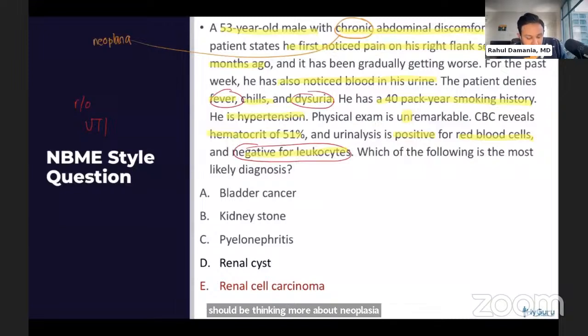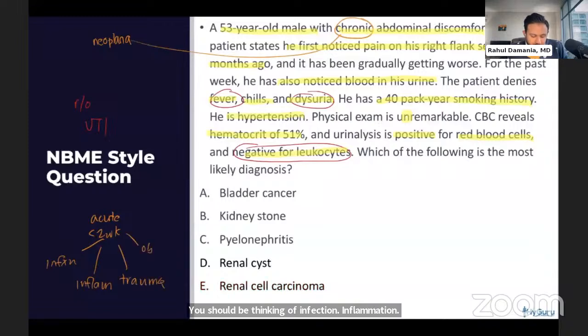When you see acute tempo, let's say that the pathology in your history of present illness is occurring less than 2 weeks, you should be thinking of infection, inflammation, trauma, or some sort of obstruction, like a pulmonary embolism or pneumothorax or something. Okay. So in this case, hematuria that is painful in a smoker, you're going to be thinking of renal cell carcinoma.